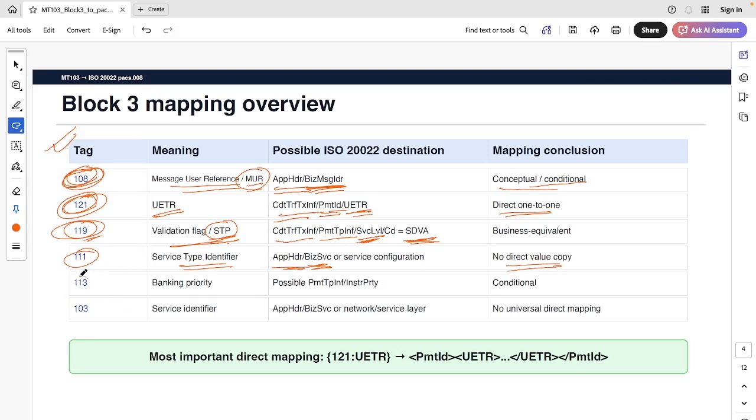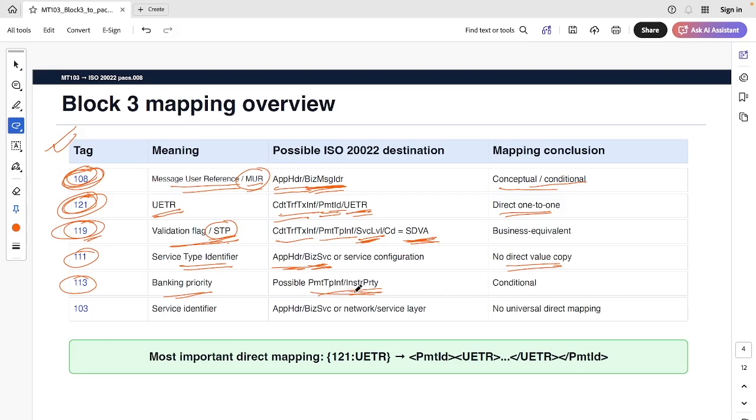Then we have field 113. Field 113 contains the bank priority. So the nearest ISO 20022 business concept may be your instruction priority. In short, it is an instruction priority. However, this mapping is conditional.